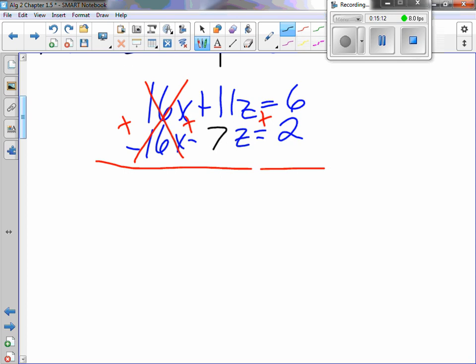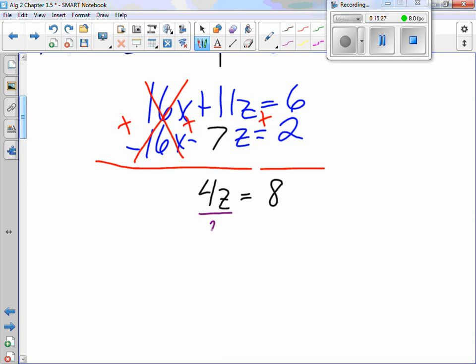So 11 plus negative 7 would be, which is equal to, these numbers look better? And then what? We divide by? So, unfortunately, the numbers got a little messed up, but the process that we did doesn't change.